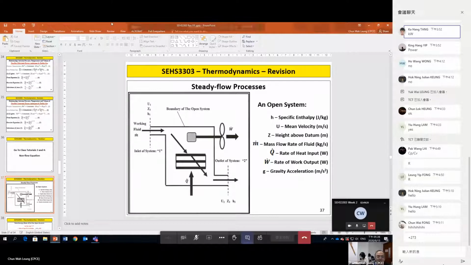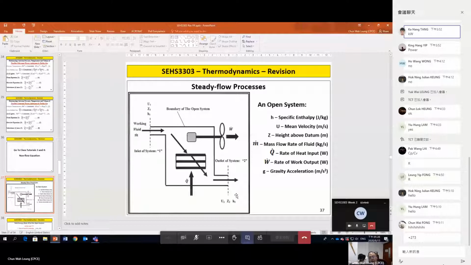At the inlet, the working fluid enters at a higher position than the fluid leaving at the exit. This one is higher than the fluid at section 1. It's much higher than the fluid at section 2. Now, there is an energy associated with the position.